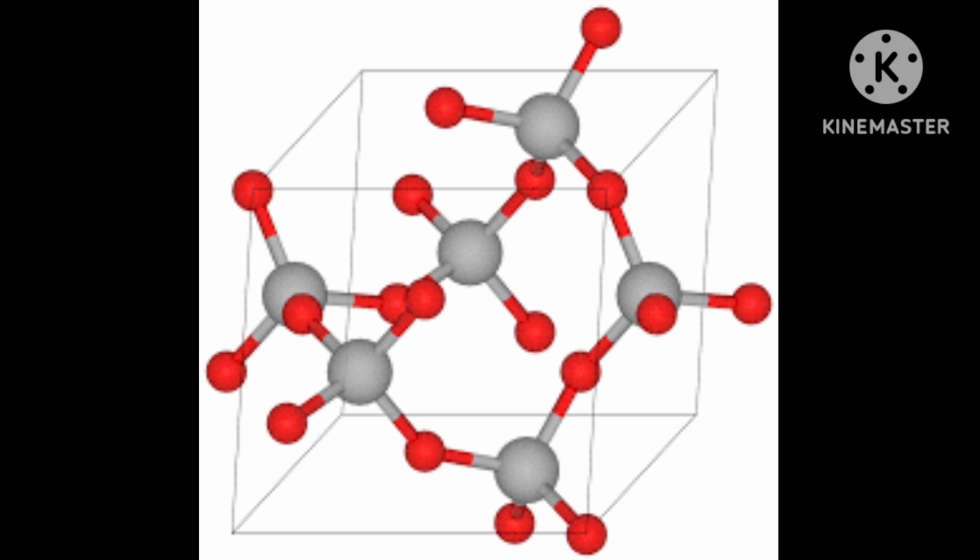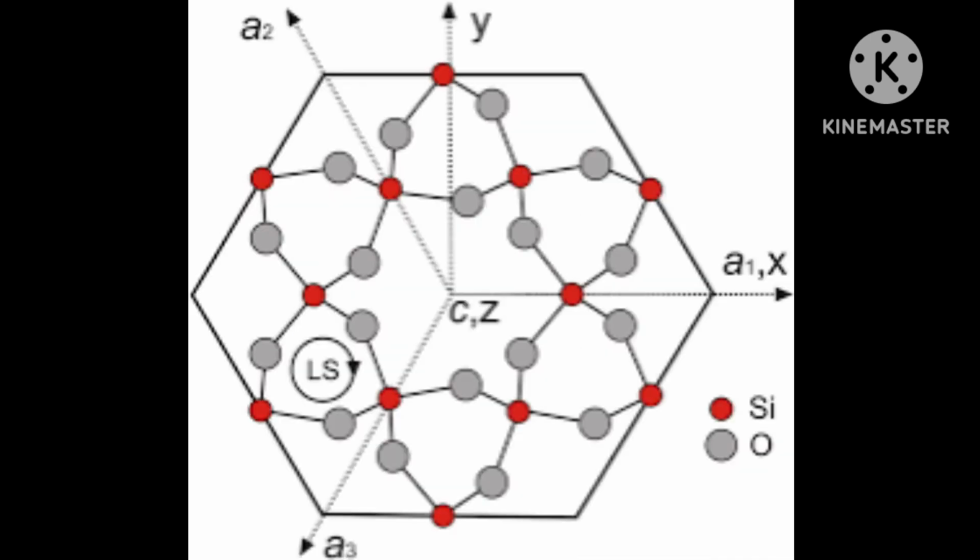Okay, different structures. First you have to remember, first you should know the names of the different structures. Correct? Because some structures will be similar, but not the same. Then first you understand the names of the different structures.